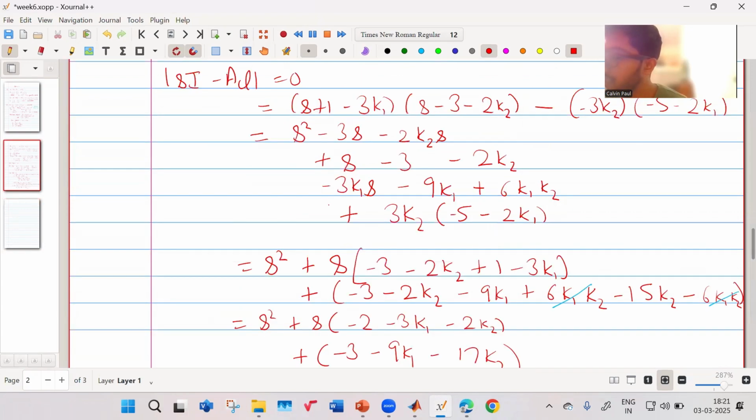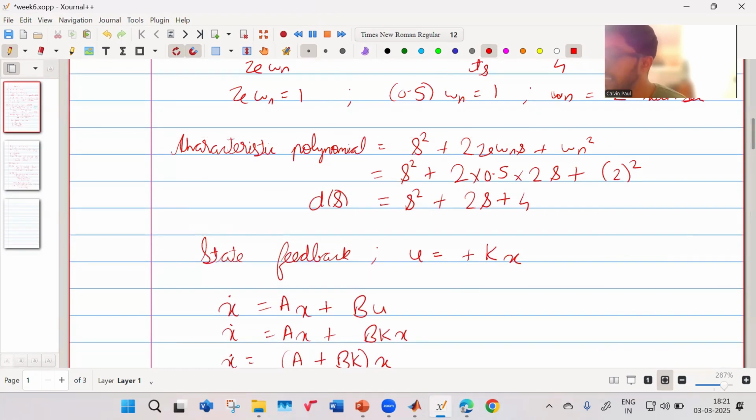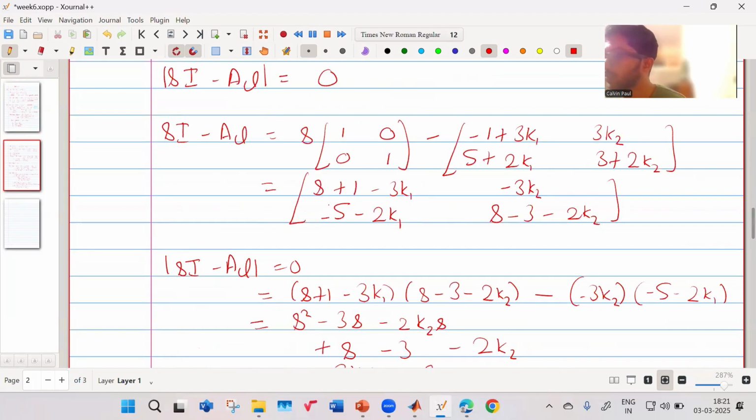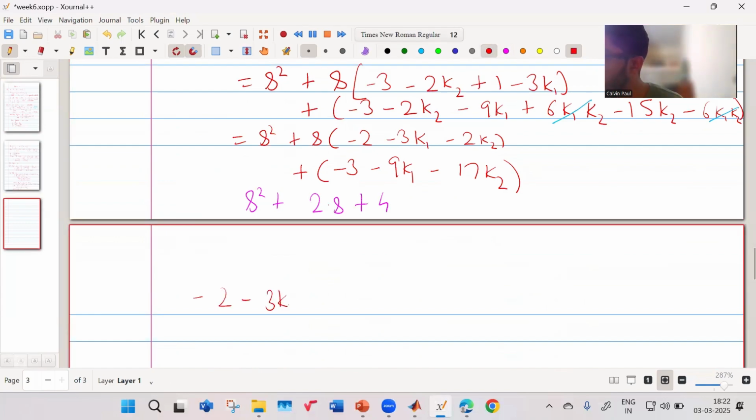This is our equation which we found. And what was our desired equation? It is s square plus 2s plus 4. So we wanted our equation to be of the form s square plus 2s plus 4. Okay, so when we equate both the sides, what do we get? We get minus 2 minus 3k1 minus 2k2 is equal to plus 2, and minus 3 minus 9k1 minus 17k2 is equal to 4.